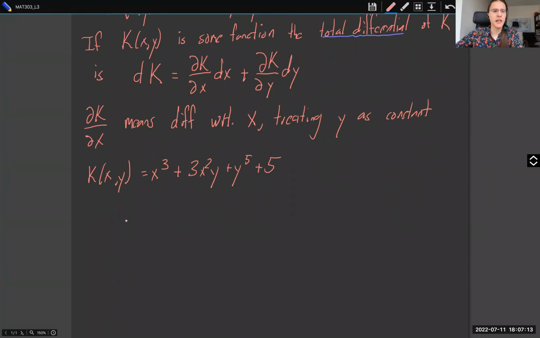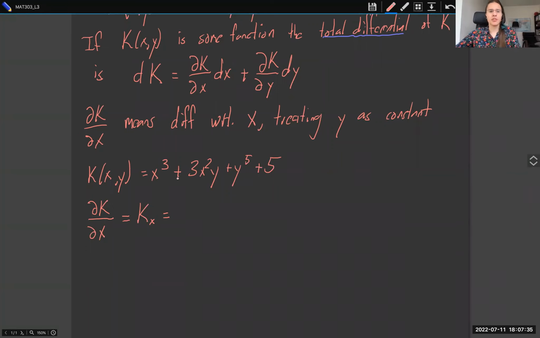Given this expression, let's find the partial derivative of K with respect to x. I'm going to introduce another notation for this. If I use a variable as a subscript, it denotes taking a partial derivative with respect to that variable.